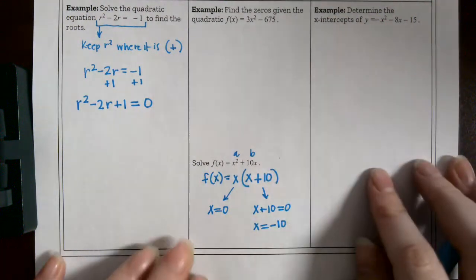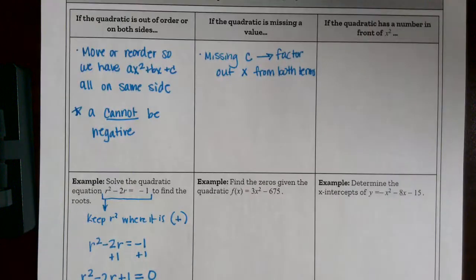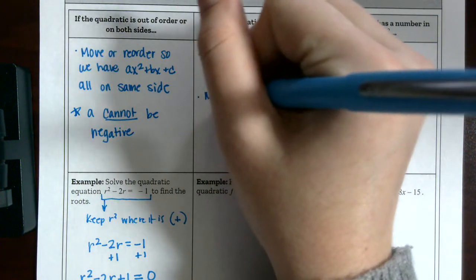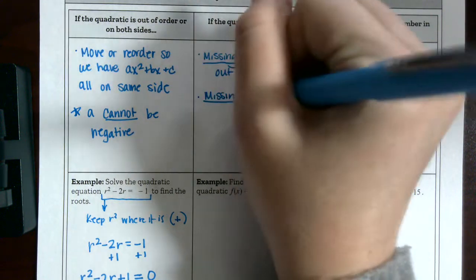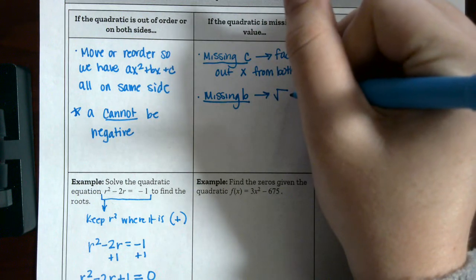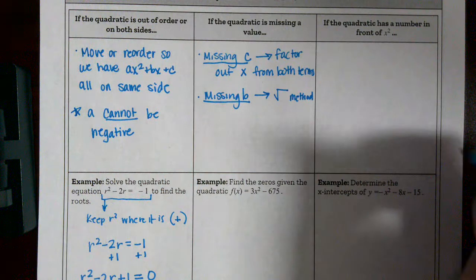Okay, let's go back up to what happens if B is missing. So this is what happens when C is missing. If B is missing, let's underline that. We do what's called the square root method.